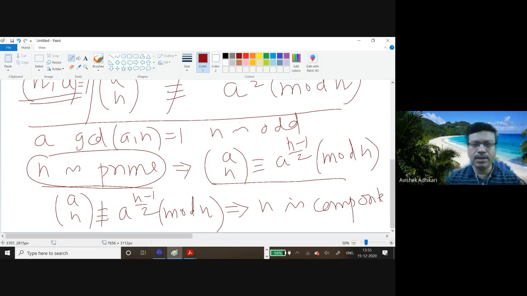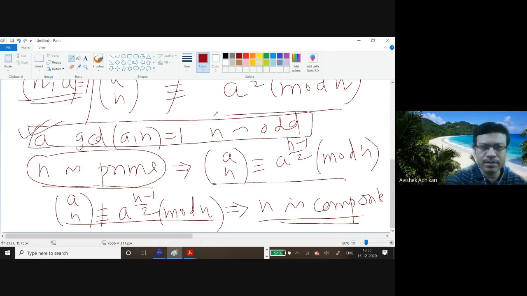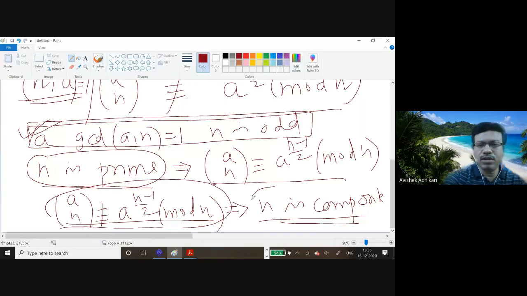Now I think it's clear. So if this happens, then suddenly we will be able to say that there is no doubt here that n is composite if they are not same, because these conditions are already checked.